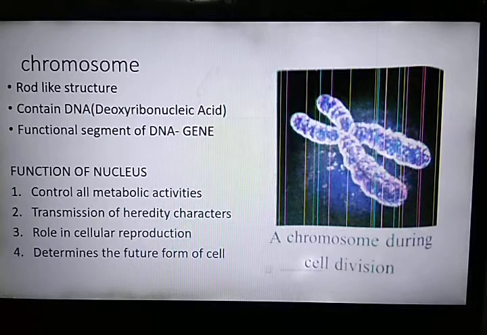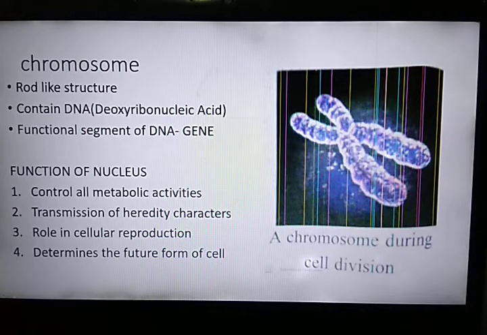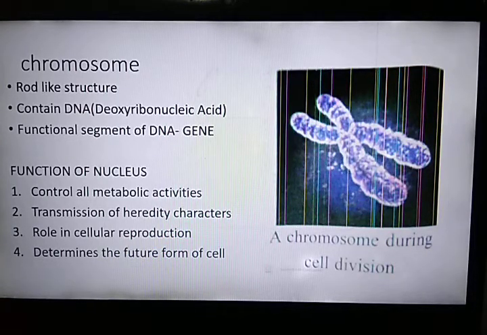Deoxyribonucleic acid. Now, the next question arises, what is the composition of DNA? The composition of DNA you will study in detail in your higher classes. Now, the functional segments of DNA are called genes. So, DNA contains genes and genes are known as the unit of inheritance.